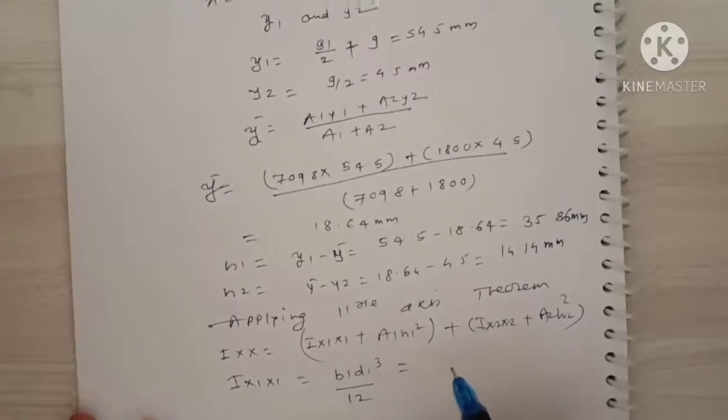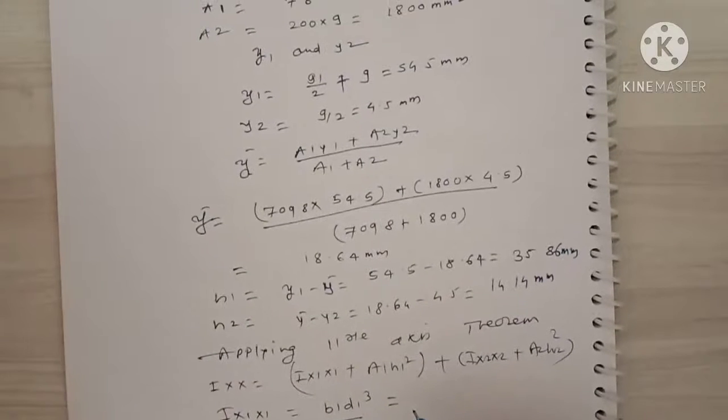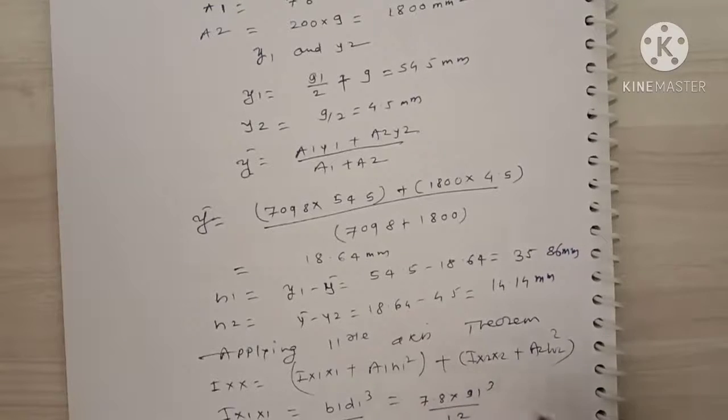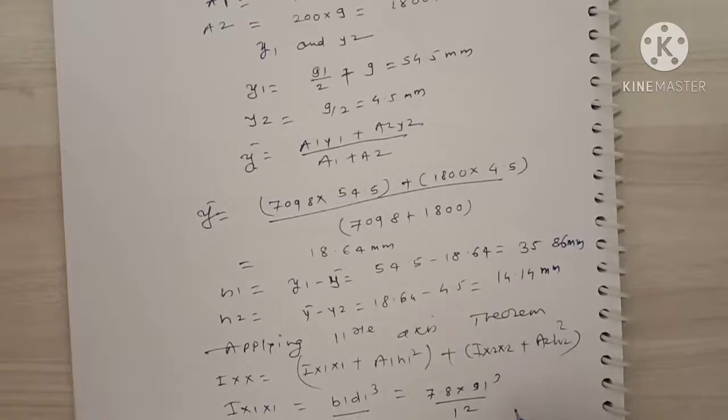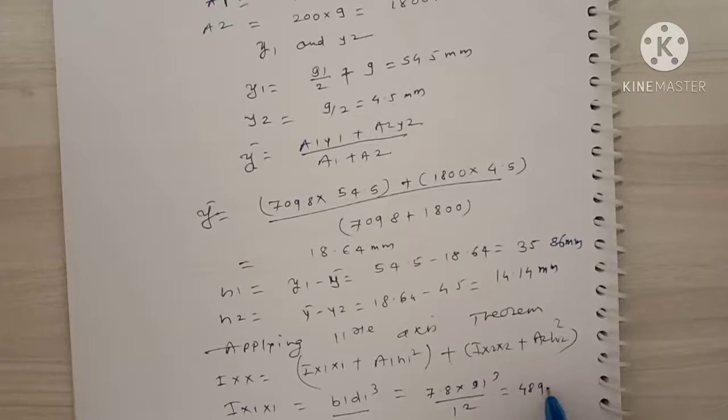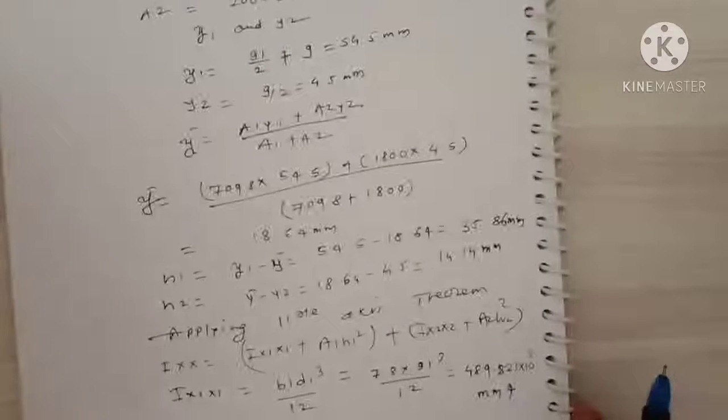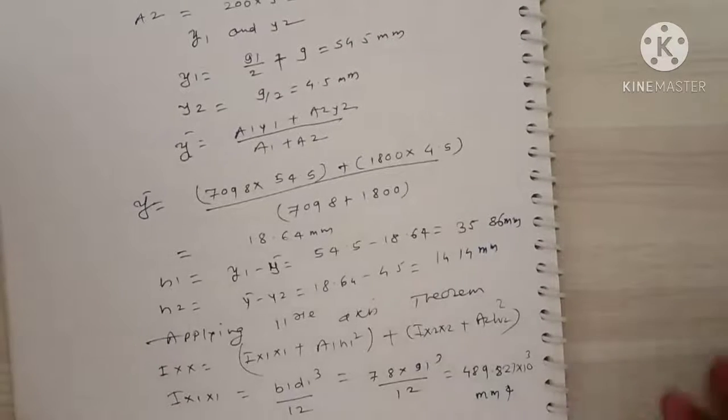Then we put in the value of b1, which is given, 7.8, and d1 is 91, cube, divided by 12. Then you can easily calculate the value of Ix1x1, 489.821 into 10 raised to 3 mm to the power 4. This is the value we get finally.